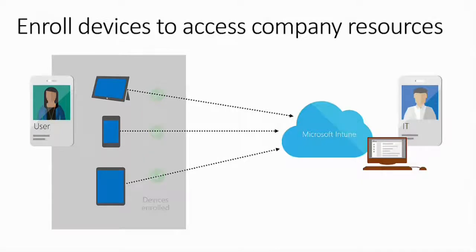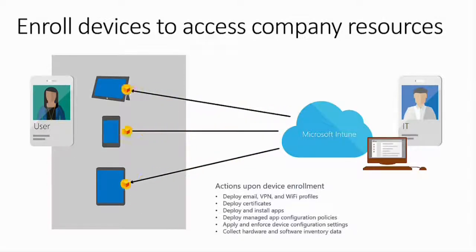The first thing that you have to do with the device is get it into the Intune environment. So you enroll the device, and the policies that are set up in Intune will then be downloaded onto those particular devices.